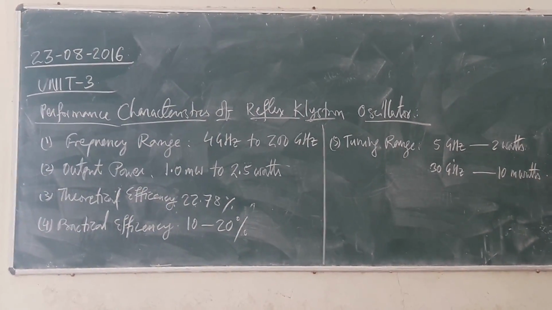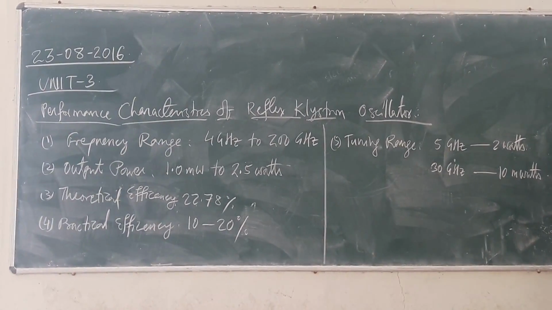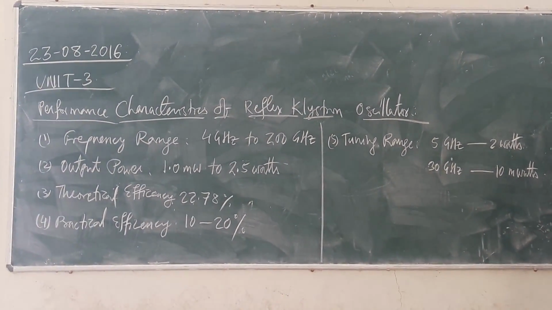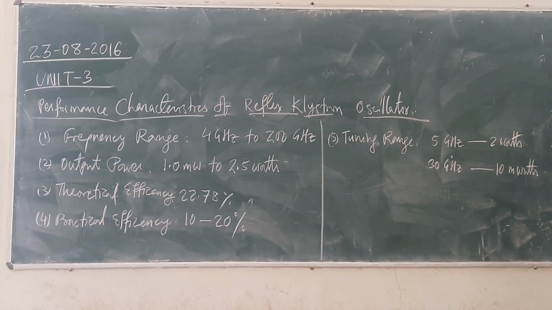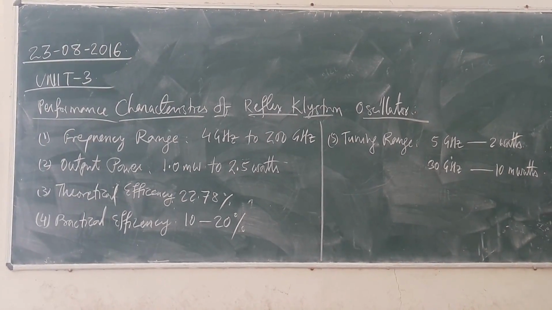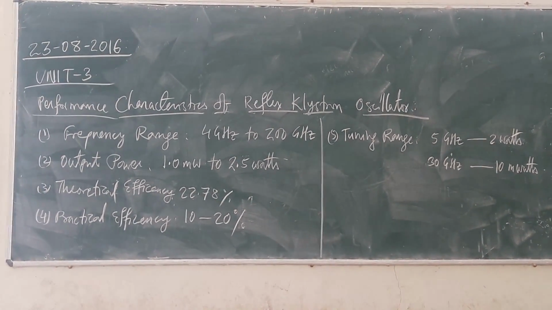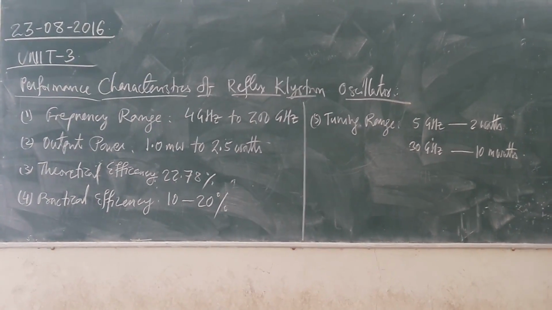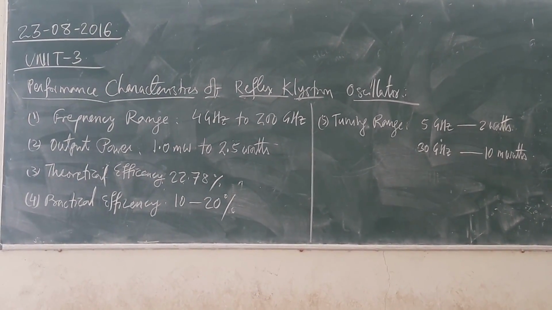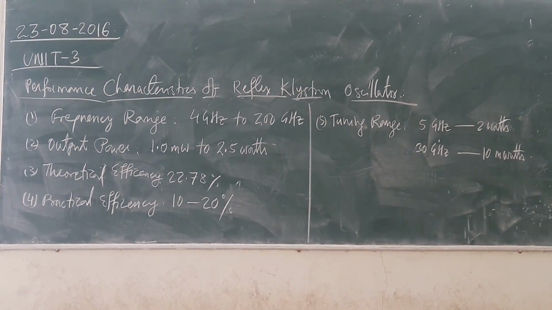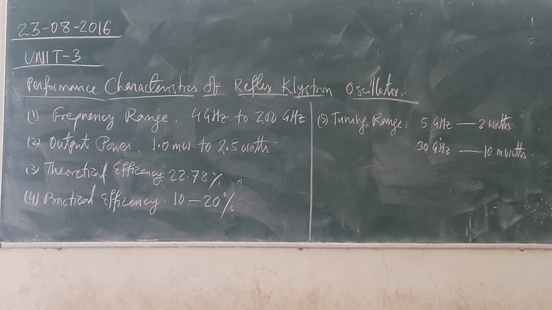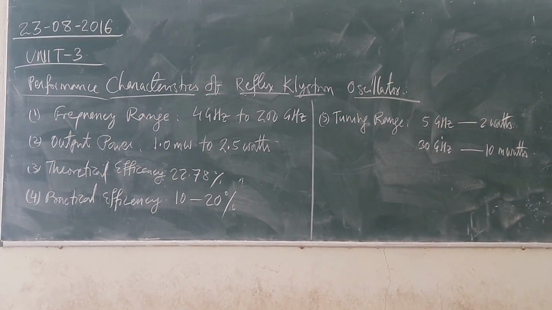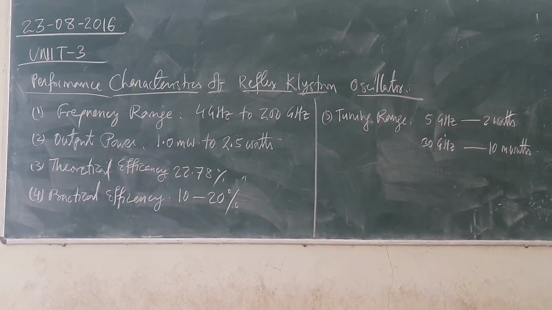You are having the theoretical efficiency, which is 22.78 percent, and the practical efficiency of 10 to 20%. Okay, and the tuning range. If you are looking for the tuning range, you can get say 5 gigahertz frequency at your 2 watts, and you will get say 30 gigahertz at your 10 milliwatts.